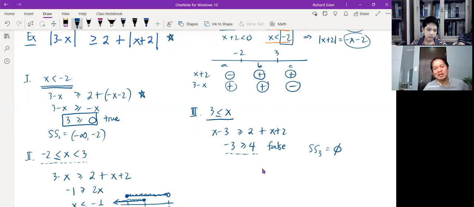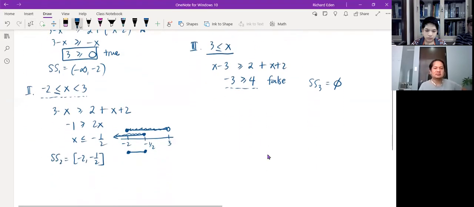But whether we like it or not, 3 is going to be greater than or equal to 0 anyway, which means in case number 1, the only condition we have to impose is that x be less than negative 2. So 3 greater than or equal to 0 is not any additional thing we need to require. But in case number 3, we are forced to require negative 3 to be greater than or equal to 4, which is impossible. Therefore, there's no solution set.